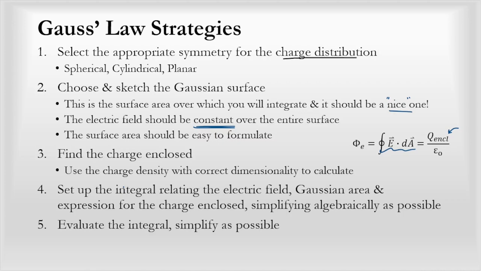So I think Gauss's law looks intimidating on the left side with the integral E dot dA. But in all my experience, the harder part of the problem will usually be finding Q enclosed because of different shapes and charge distributions that you may be given.